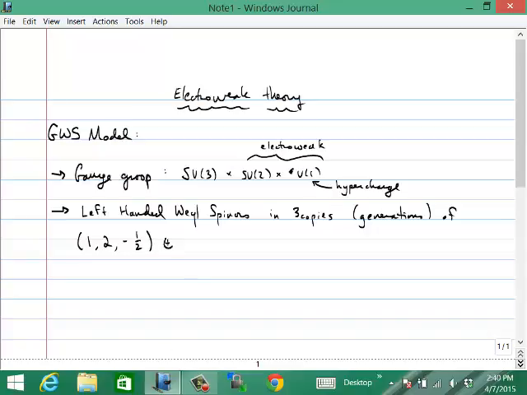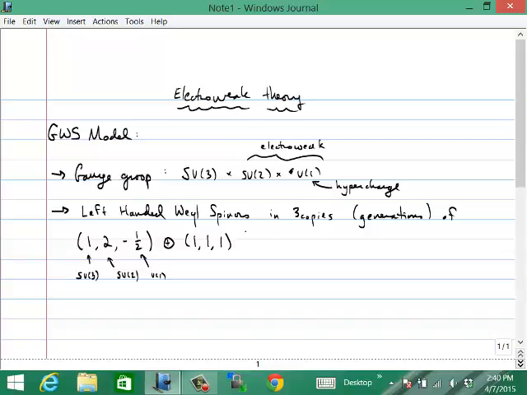So here, first I'll write out the leptons. Here I'm writing them as a collection of 3 numbers. The first index is the SU3 representation. The second is the SU2 representation. The third is the U1 representation, that is to say the value of hypercharge for this particle.